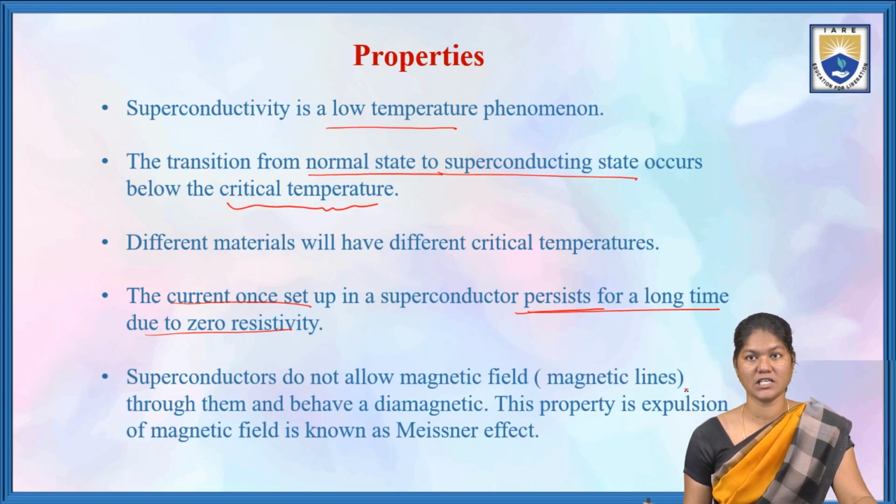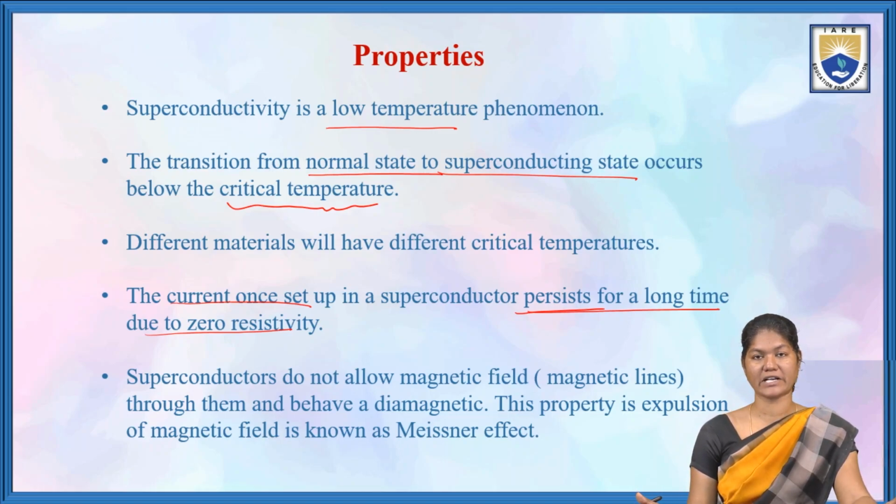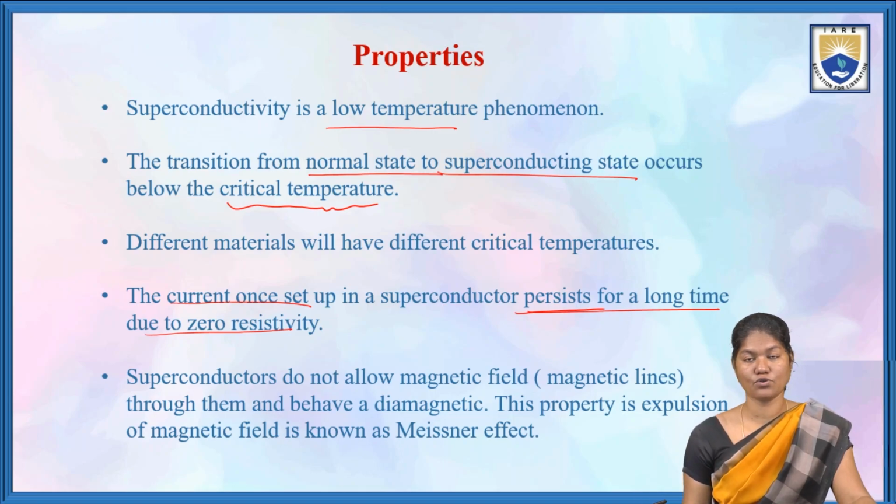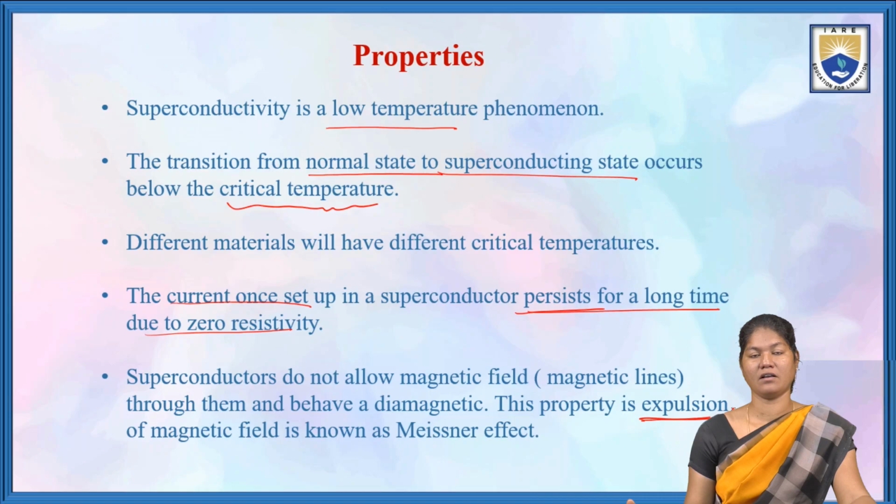This property, the expulsion of magnetic field, is known as the Meissner effect. The property by which it ejects the magnetic lines of force is known as the Meissner effect.